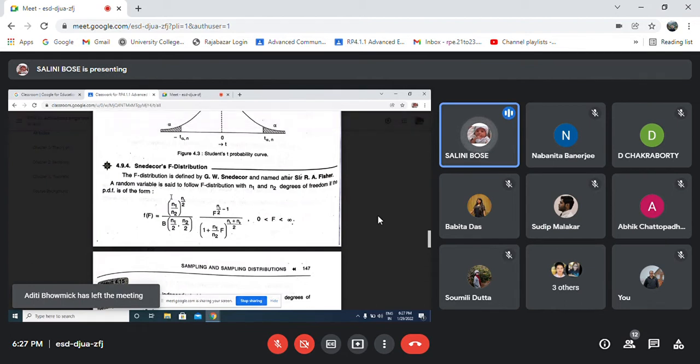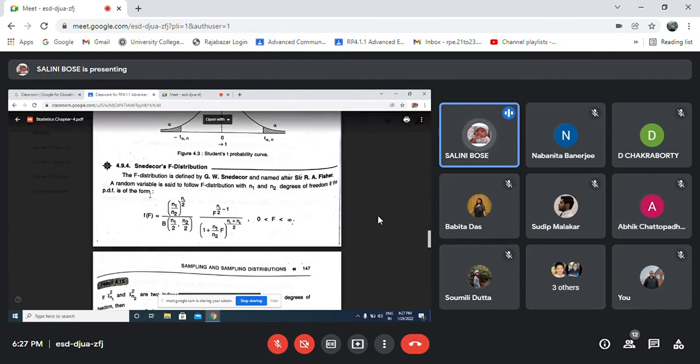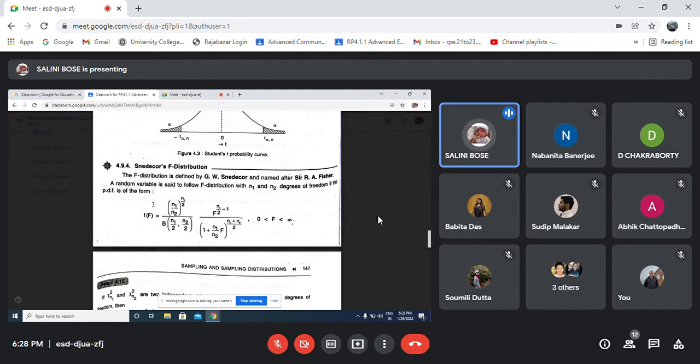A random variable is said to follow an F distribution with n1 and n2 degrees of freedom if the PDF is of this form. This is the form of the PDF, and the first part is the constant part.